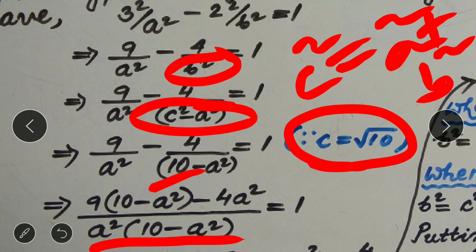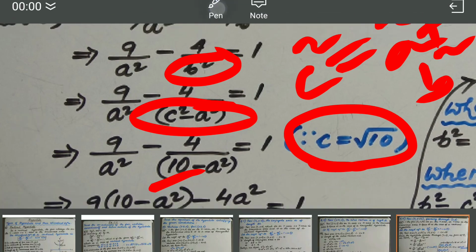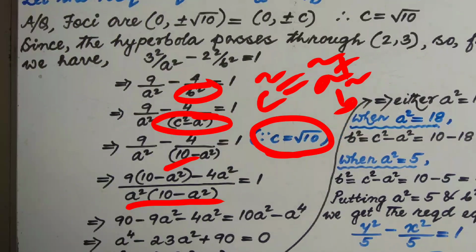After taking LCM, we cross multiply. See, after cross multiplying, what is the equation we are getting? Last line you can see. After cross multiplication and then simplification is done, we get an equation a to the power 4 minus 23a square plus 90 equals to 0.